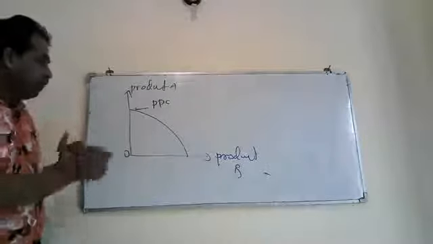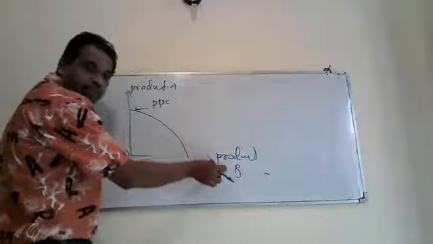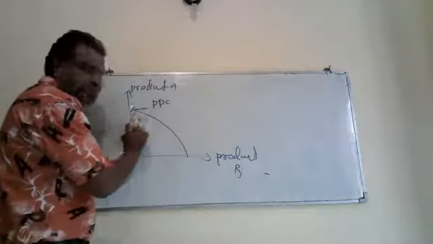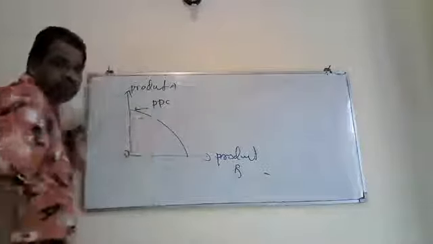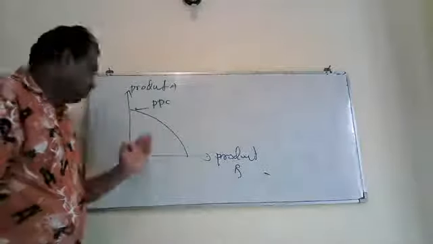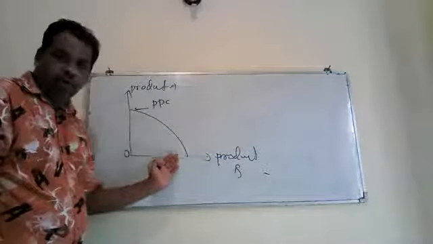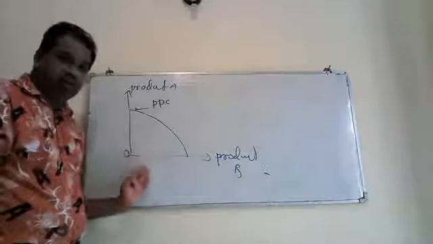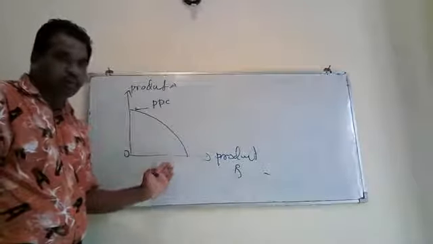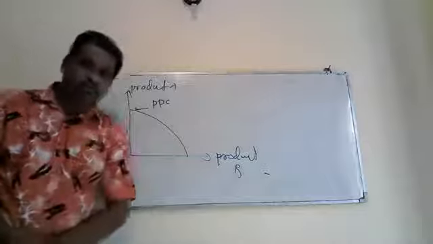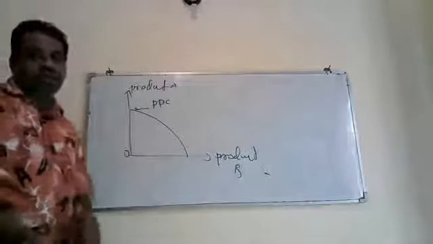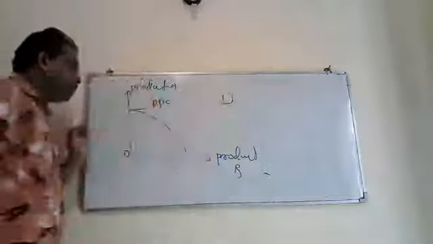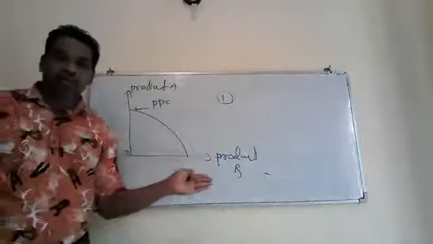Then if you want to increase the production of one item, definitely you have to sacrifice an increasing amount, that is increasing opportunity cost. This diagram indicates the increasing opportunity cost. This curve is convex to the origin. Therefore, we can use it to explain later on the type of opportunity cost. But here, according to the question, we have got increasing opportunity cost.